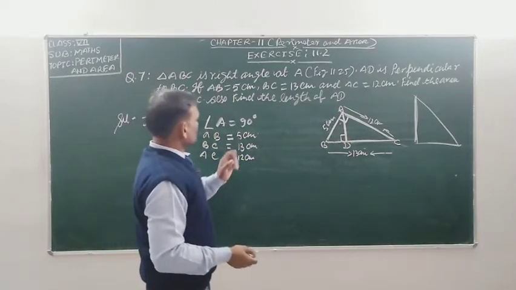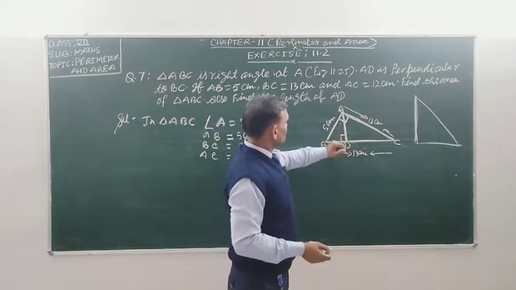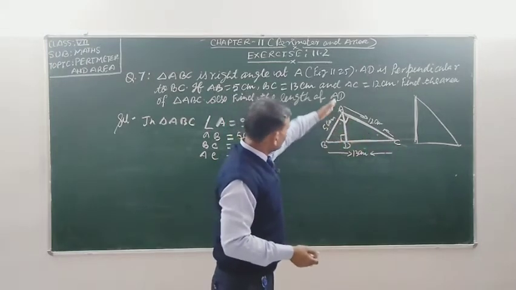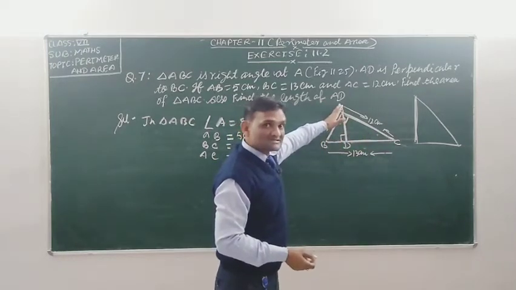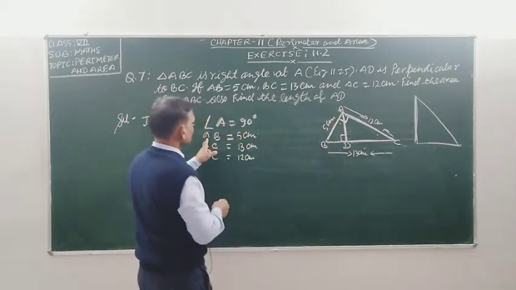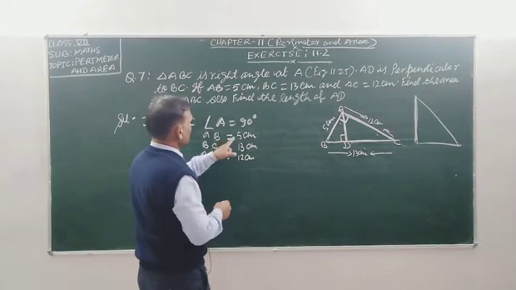So student, if AC is the height, then AB will be the base of the triangle. AB is equal to 5 centimeter.